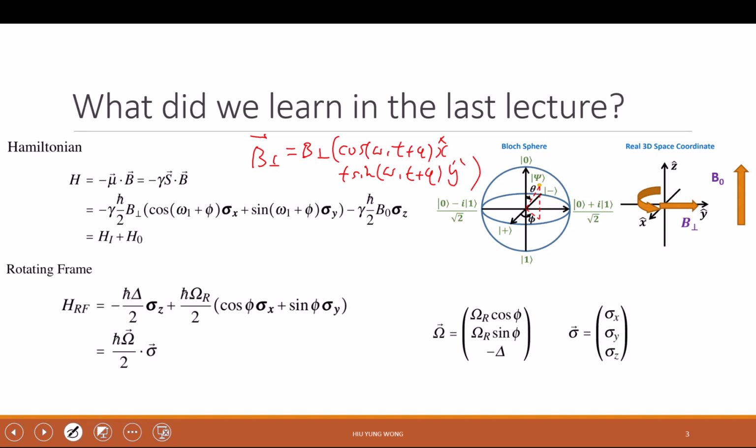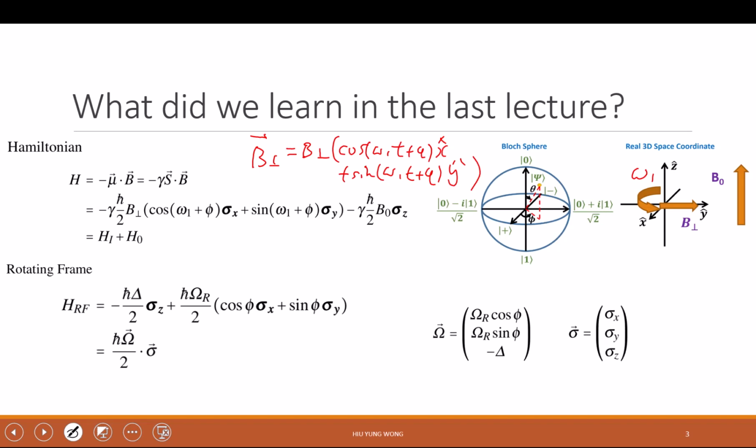This just represents how the magnetic field is rotating, at an angular frequency of omega 1.